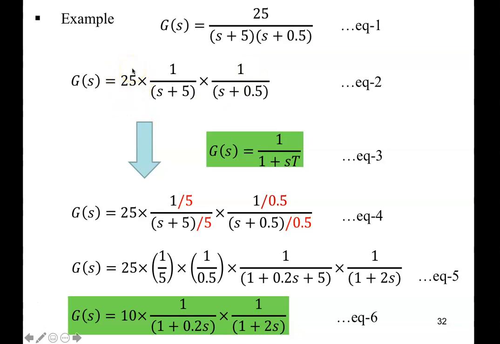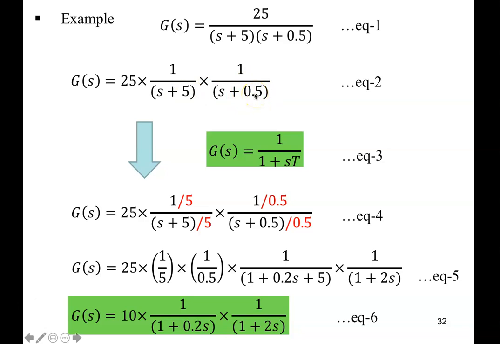It's not necessarily the DC gain yet, because the two first order transfer functions are not yet in the standard format. To get to the right format, we need to make sure in the denominator we have 1 plus s times something, not s plus a number. So this number has to be 1, and this number has to be 1.